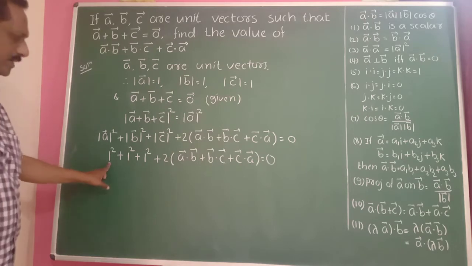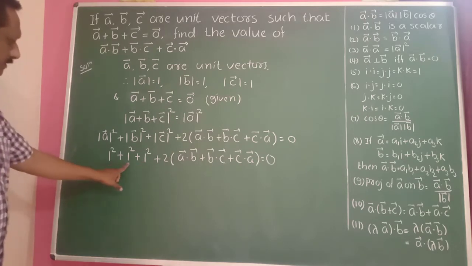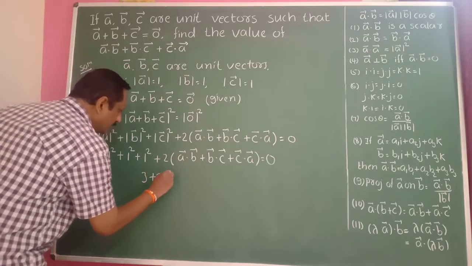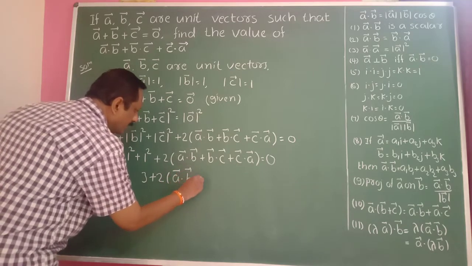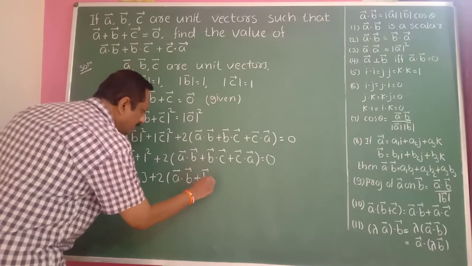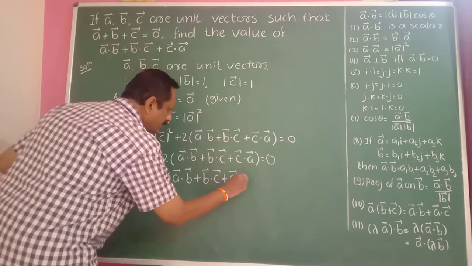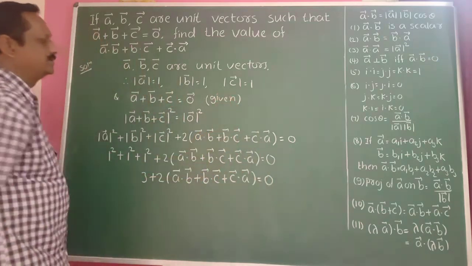Here 1 square is 1, 1 square is 1, 1 square is 1, 1 plus 1 plus 1 becomes 3. 3 plus 2 into bracket a bar dot b bar plus b bar dot c bar plus c bar dot a bar, that is equal to 0.